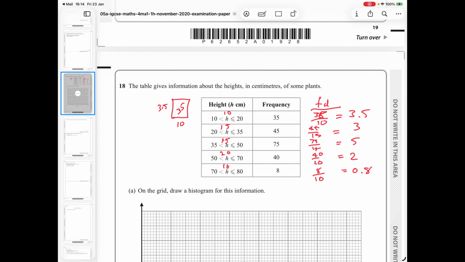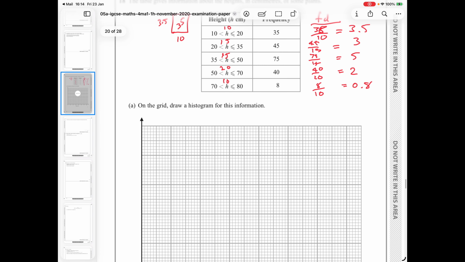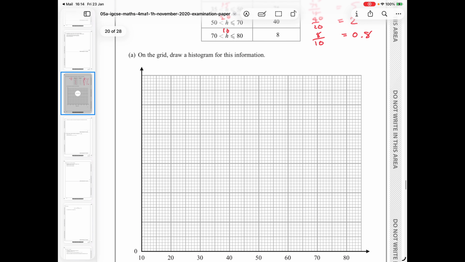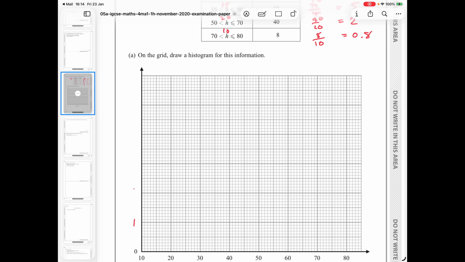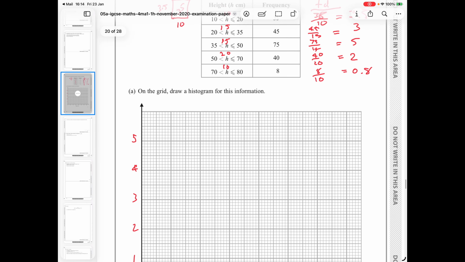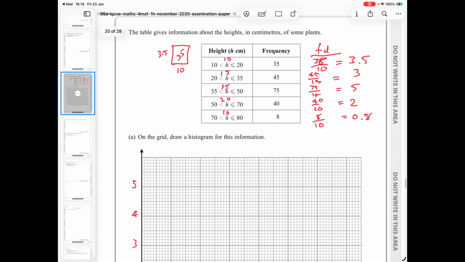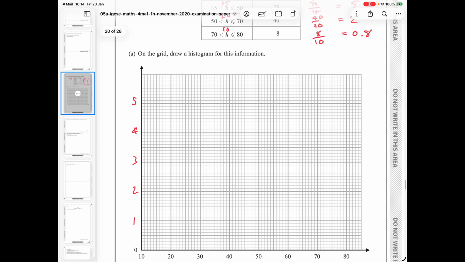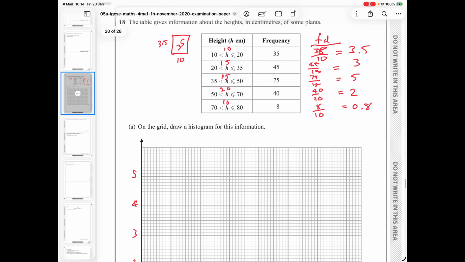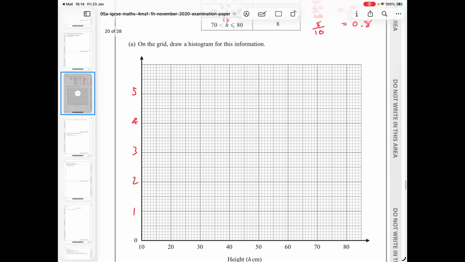Okay, now from this point onwards we can actually fill in the sides, so we know it needs to go up to 5, which is convenient. If it suddenly looked a bit weird, I'd rethink the whole thing. Now, 10 to 20 is 3.5, so let's just mark that up there.